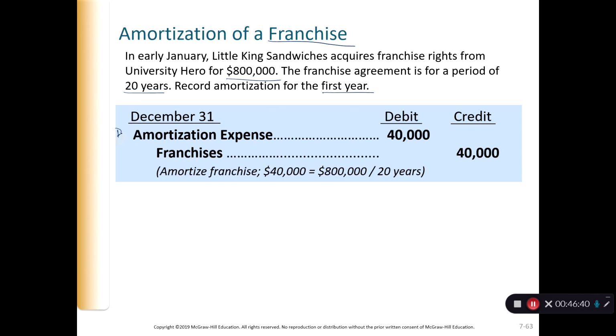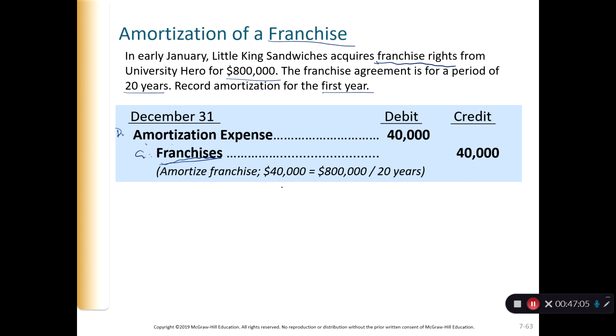Instead of writing down depreciation, because this is an intangible asset, a franchise right, we debit amortization expense, and then we credit the franchise itself. We do not create an accumulated depreciation account. We directly write down the intangible assets account, right? We credit that.